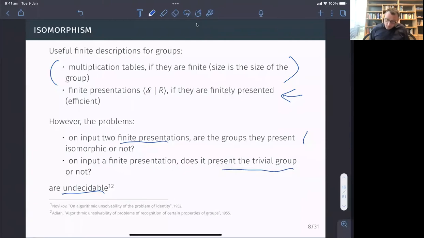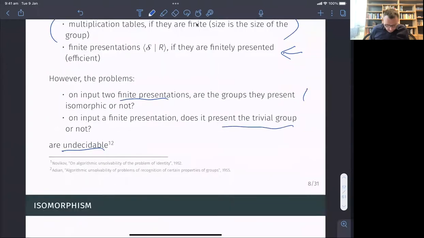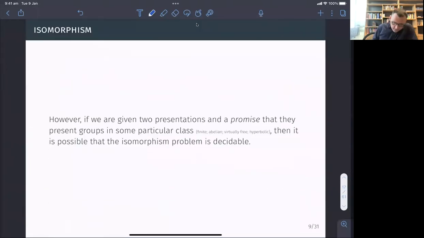Okay, so that's why in the slide where I have my result, I said I need to tell you more than just describing the groups in some way, because in general, just given presentations, the problem is undecidable.